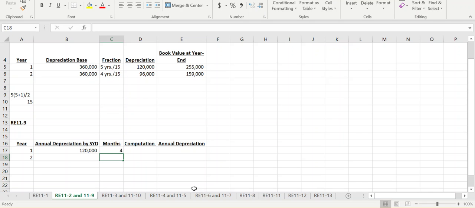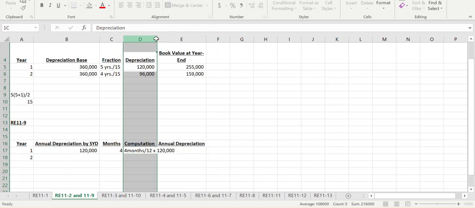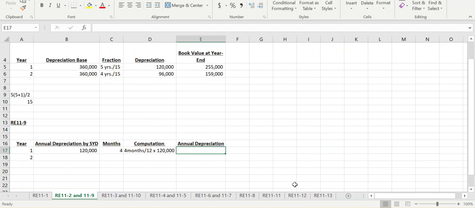So we had it for those 4 months. So our computation would be our 4 months over the 12 months times $120,000, which would have been the yearly amount that we had. So that means our depreciation for that first year would only be $40,000.